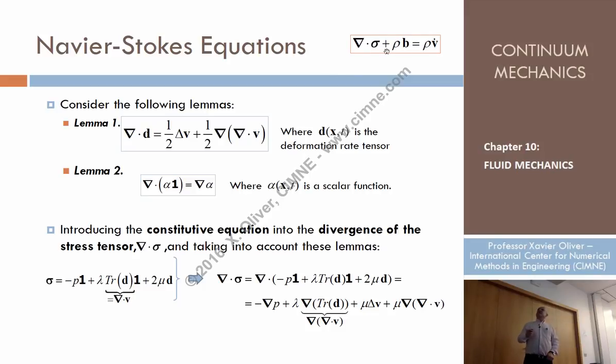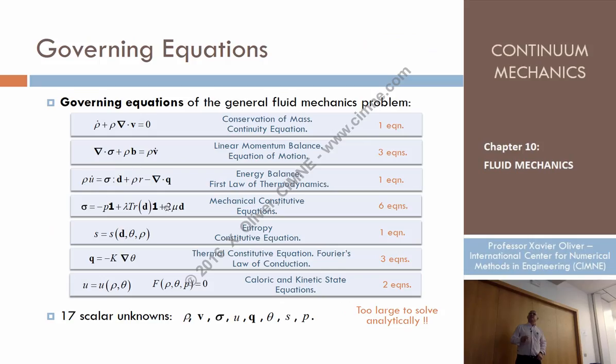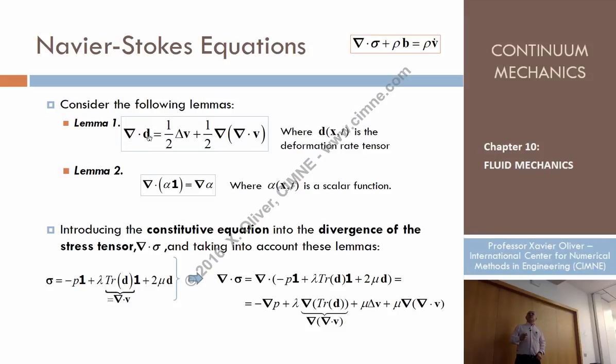Let's consider first the motion equation, the equation of linear momentum balance, force equals mass times acceleration. It can be proven, and you will have it in the book, that whenever we see in these equations the divergence of d, being the rate of strain tensor, it can be expressed in this more convenient way. It's equal to 1/2 of the Laplacian of b.